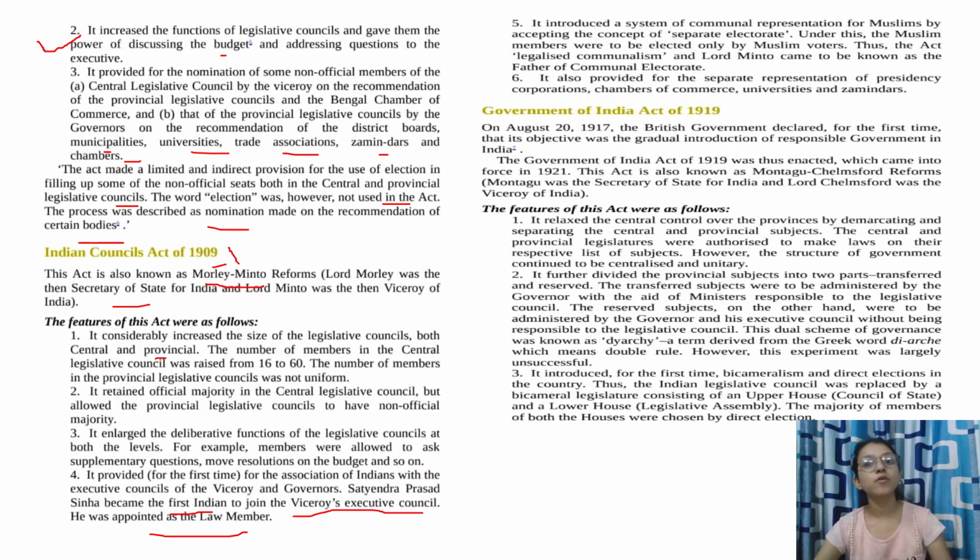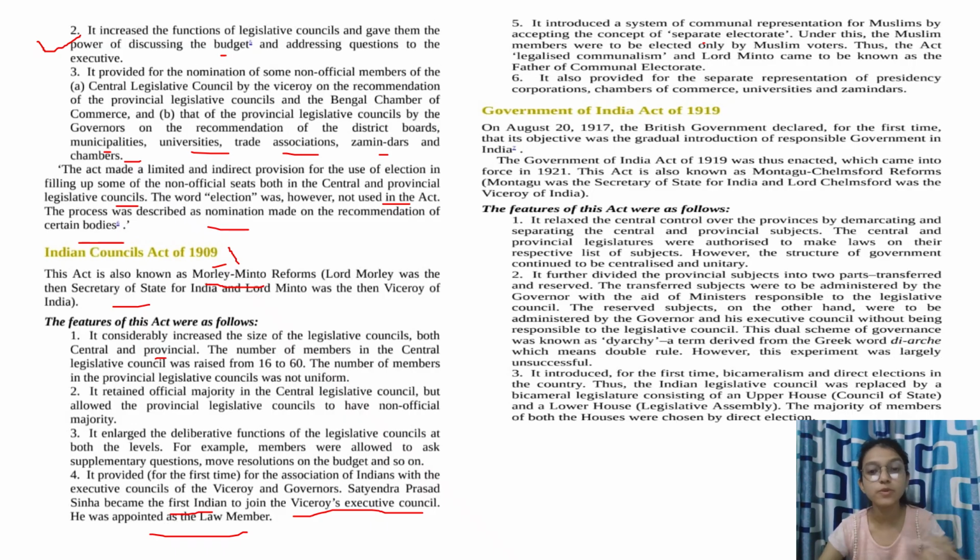It introduced a system of communal representation for Muslims by accepting the concept of separate electorates. So till now they were dealing with all Indians as one, but after this act they started seeing Indians by their communities, as Muslims, Hindus, Sikhs.